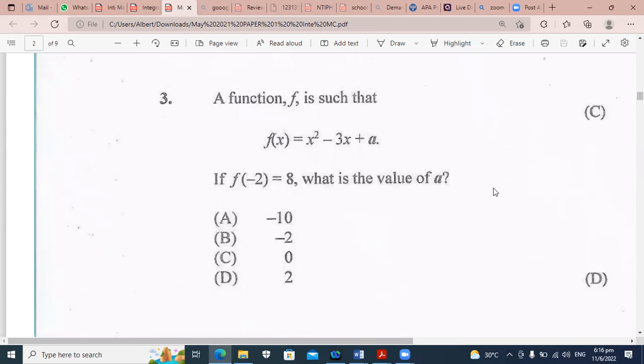Let's go to number 3. Any ideas? Sir, the equation is f(x) equals x squared. They go put -2 in it and equate it to 8 to find A. Very good. That's basically what you're going to do. Where x is, replace x with -2 and equate it to 8.